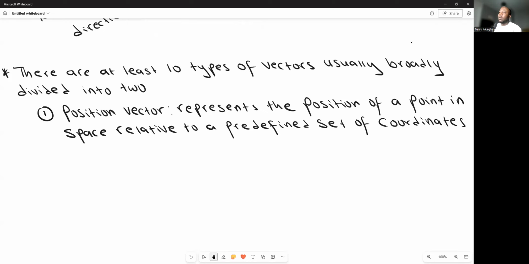Okay, now this is a position vector. So this is the easy one. So when it's with the predefined sets of coordinates, it's called a what?